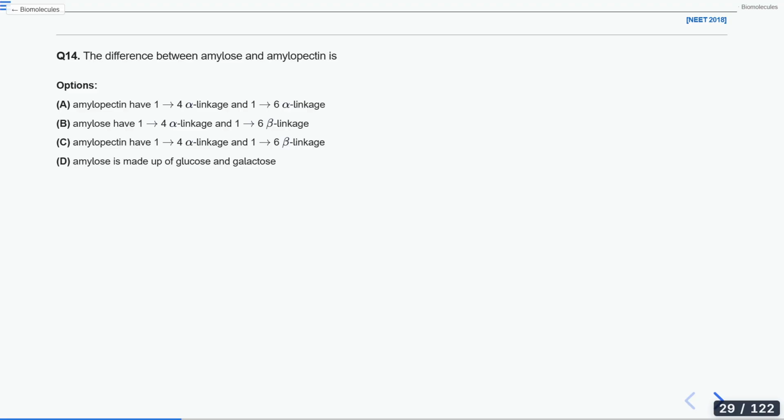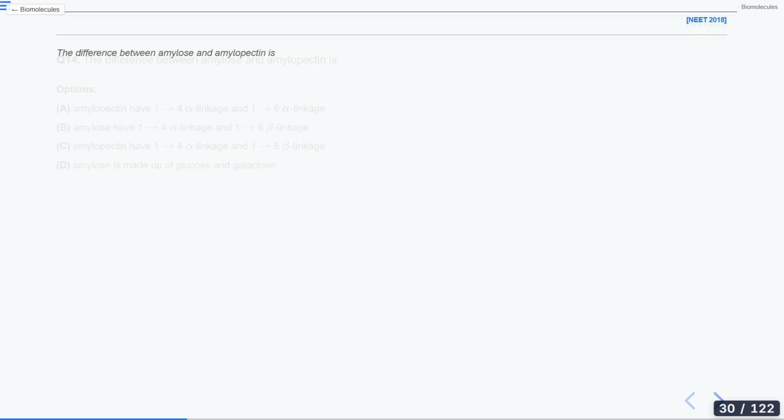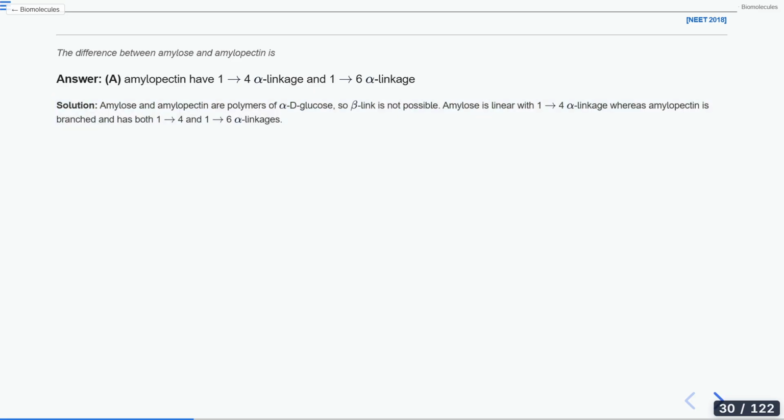Most of you are answering A. Let's see what the correct answer is. The correct answer is A, 1,6 alpha and 1,4 alpha. So both linkages are of alpha type. Amylopectin has a branched structure, whereas amylose has a linear structure. Moving on to the next question.